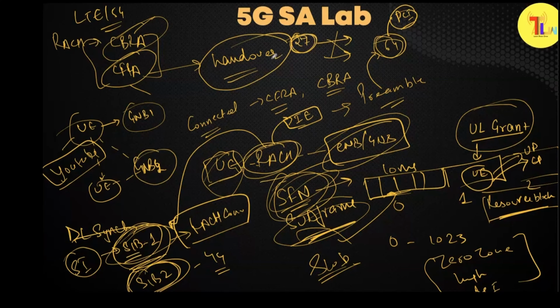So for this reason, out of these 64 preambles, we have kept some preambles for CFRA. Let's say 20 preambles for this and 44 for that. So we have the contention free random access procedure, and contention based is for your idle mode, because we can have some rejections in idle mode, but we cannot have rejections in contention free random access.